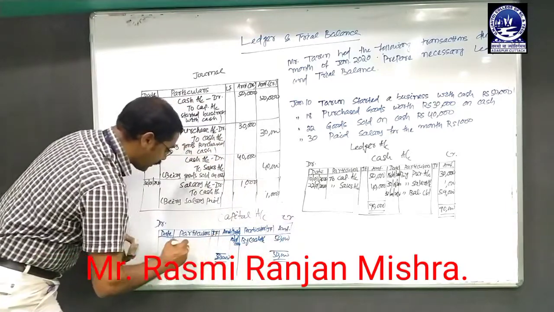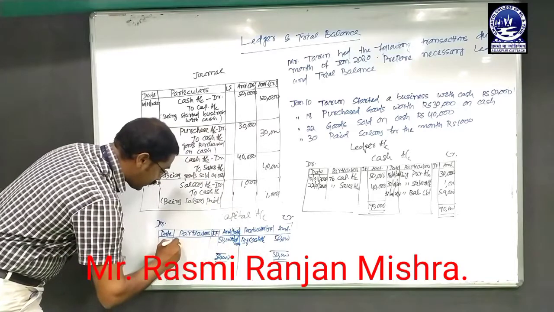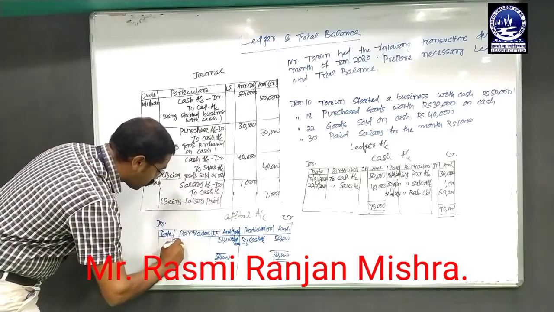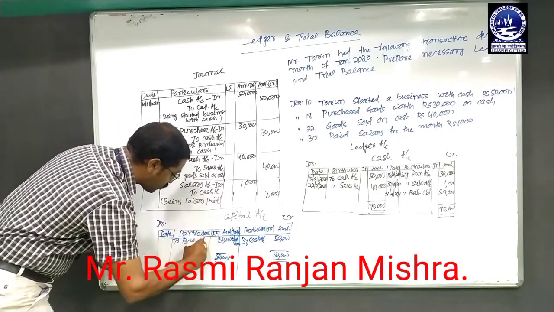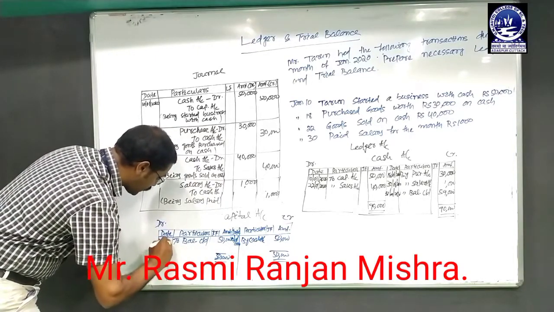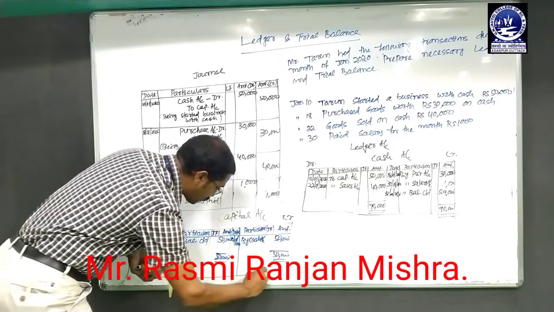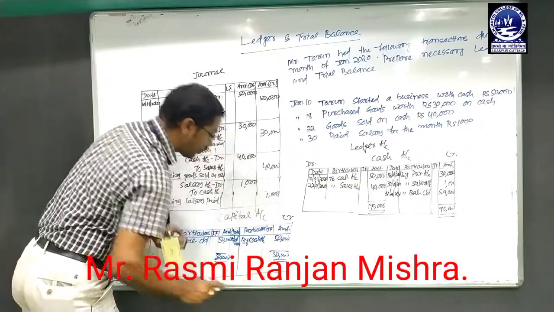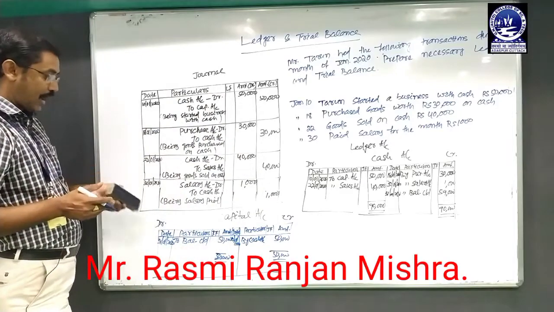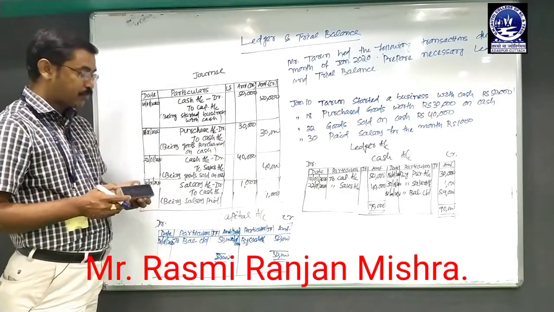Difference is 50,000 and in the particulars column, to balance carried down, and that will be on 31st January 2020. Then the capital account ledger balance is completed and the account is closed. So at the end of the period the capital account shows a balance of rupees 50,000.